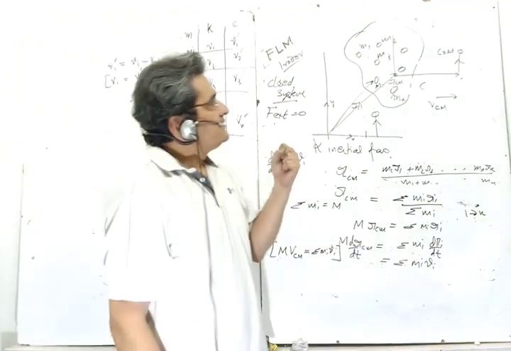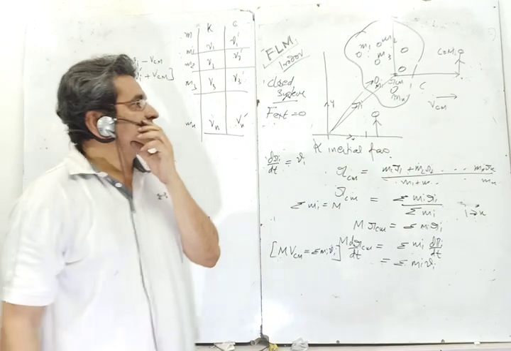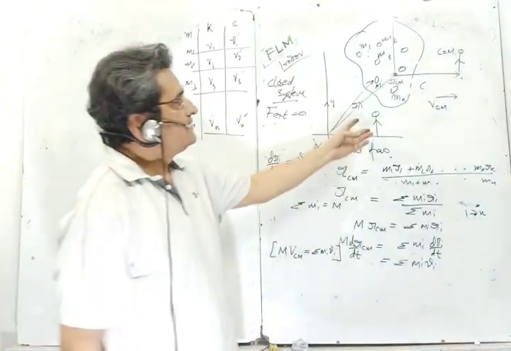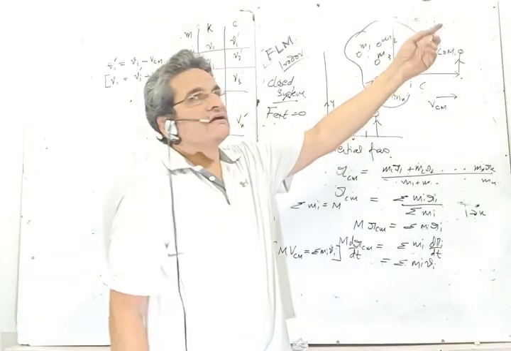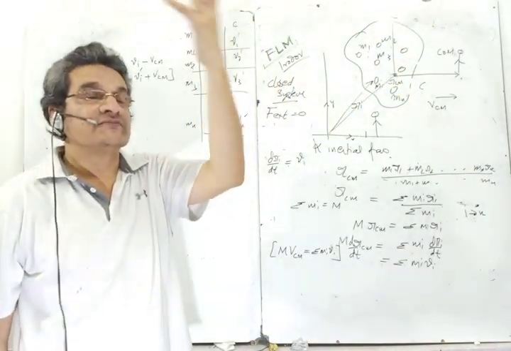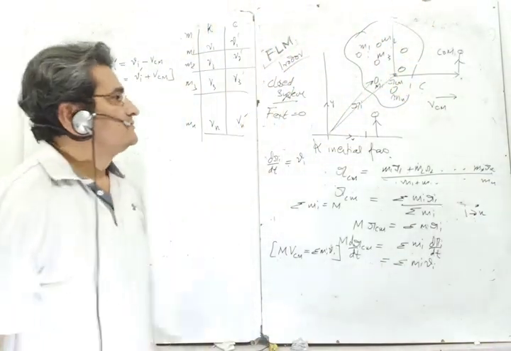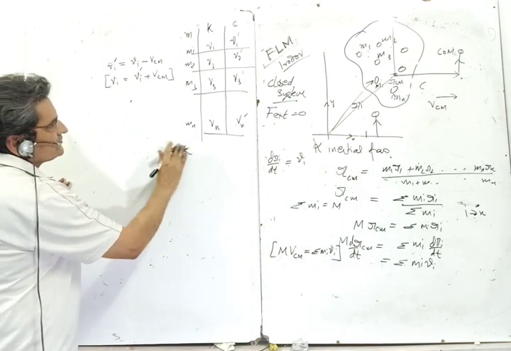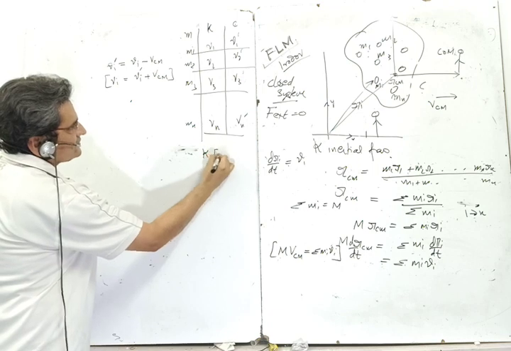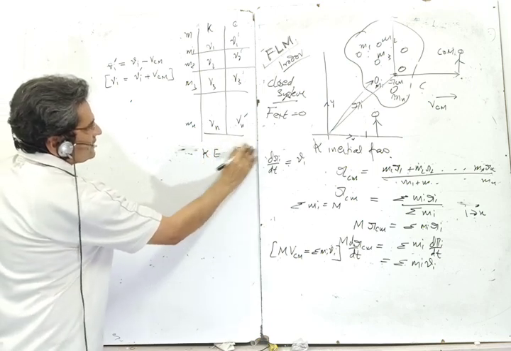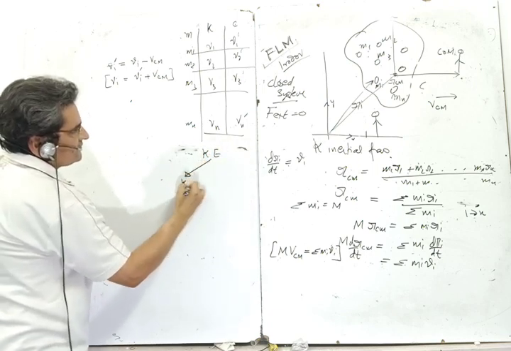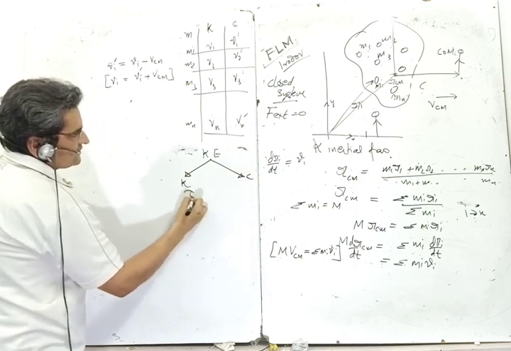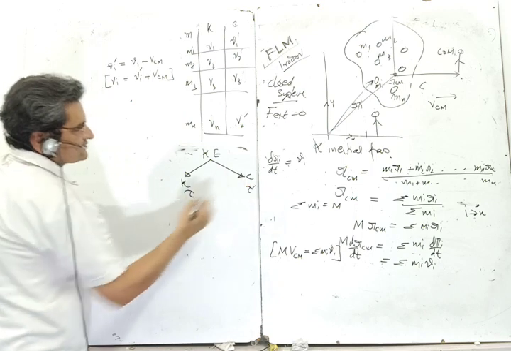Now let me try to write what is the kinetic energy in K frame and what is the kinetic energy in C frame. A person standing here and a person standing here will see the kinetic energy in terms of the velocities he sees. So let me write kinetic energy in both K frame and C frame. K frame I will write as T, and C frame I will write as T dash.